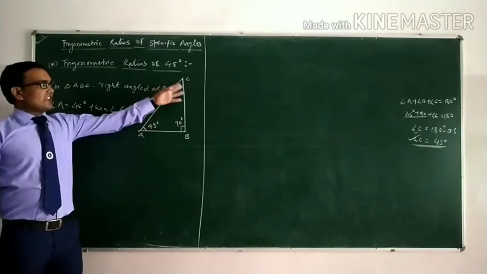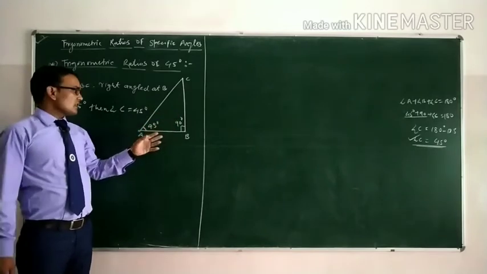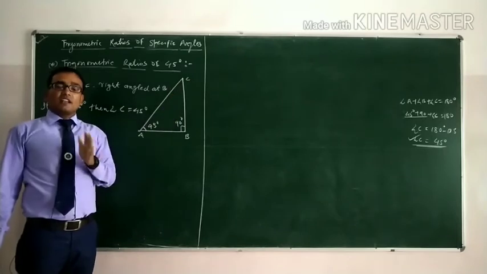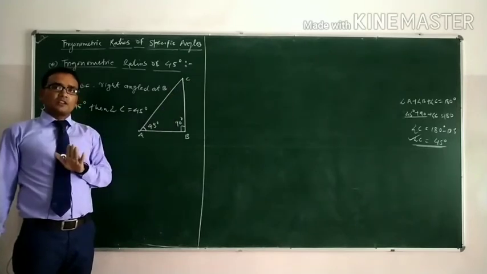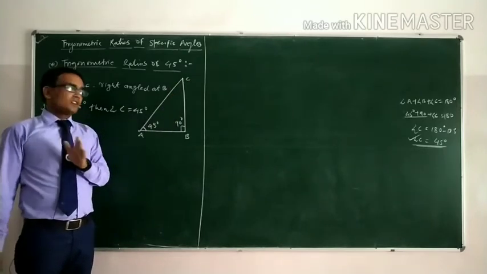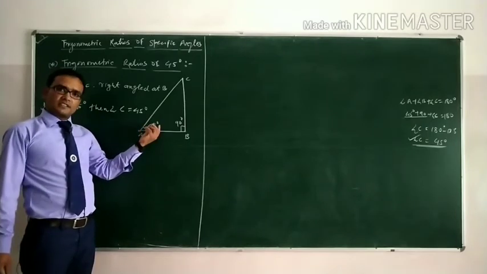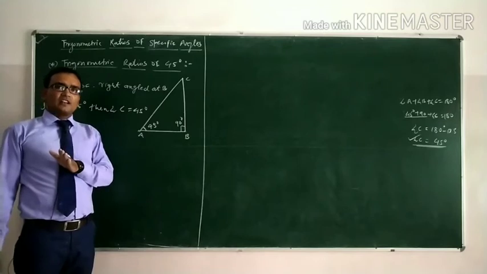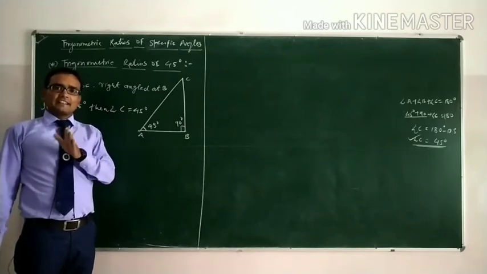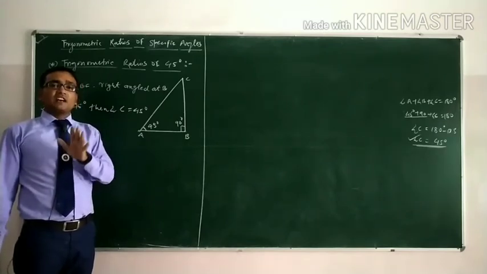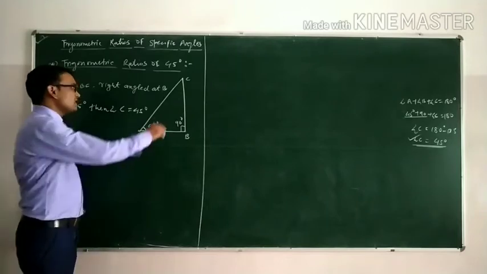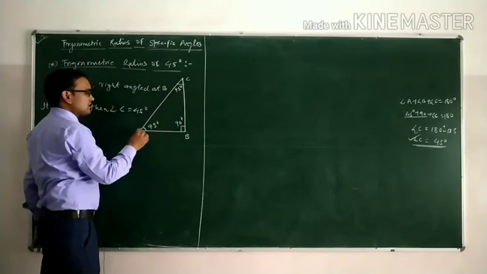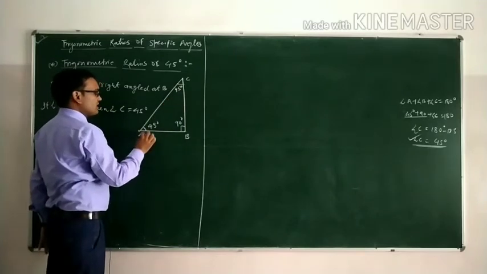Here in this triangle, angle A and angle C are equal, which are 45 degree. Then the opposite sides of equal angles are equal.